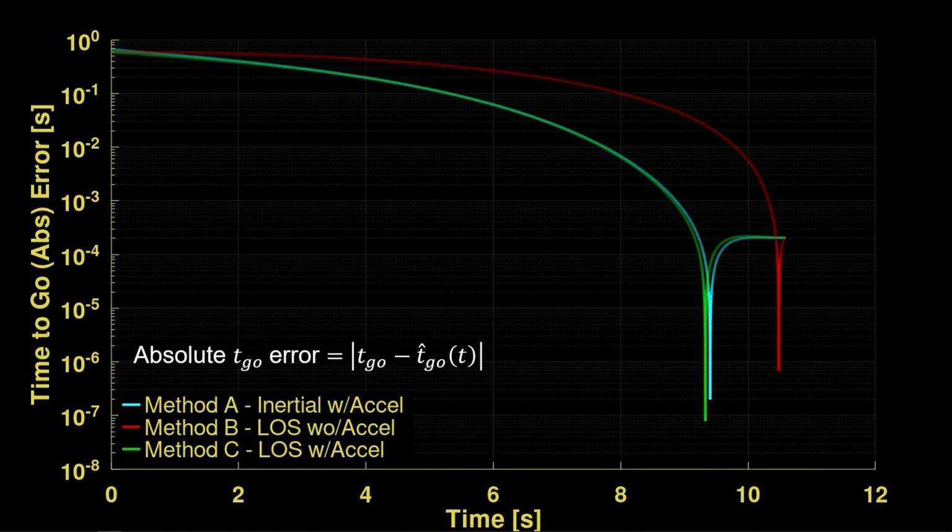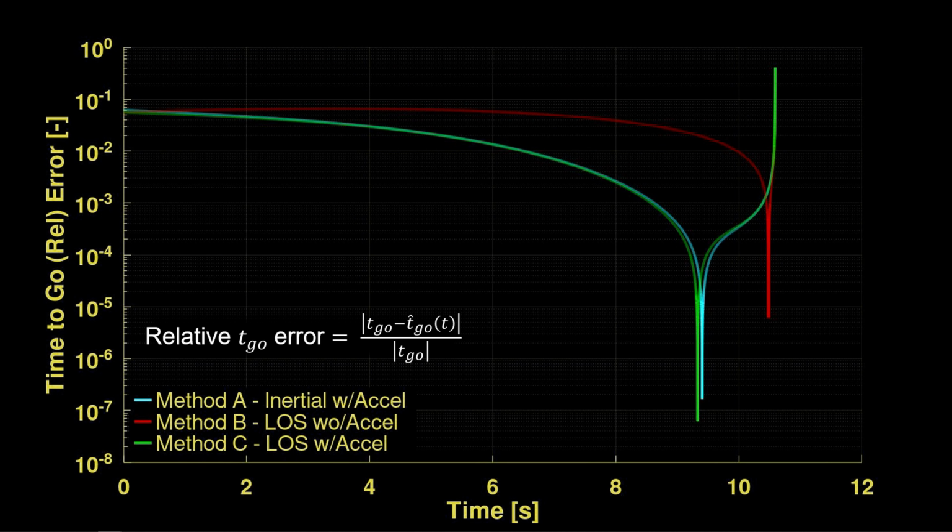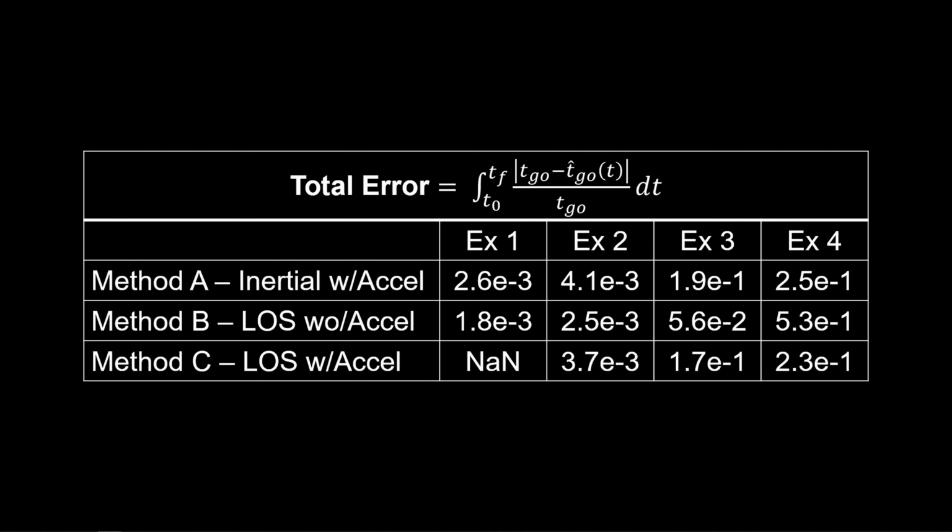This is best illustrated in the error plot, where now methods A and C, those which account for the relative acceleration, outperform the simple range over closing velocity formula. And the relative error plot shows a similar result. Now the total error for methods A and C is roughly half of method B.